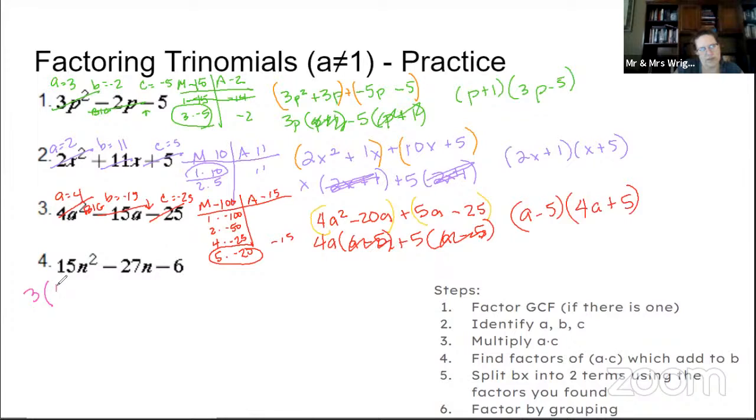And so then we're going to have 5n squared minus 9n minus 2. So then I've got a equals 5, b equals negative 9, and c equals negative 2. So I'm going to have to find something that multiplies to b. 5 times negative 2, negative 10, and adds to b, negative 9.